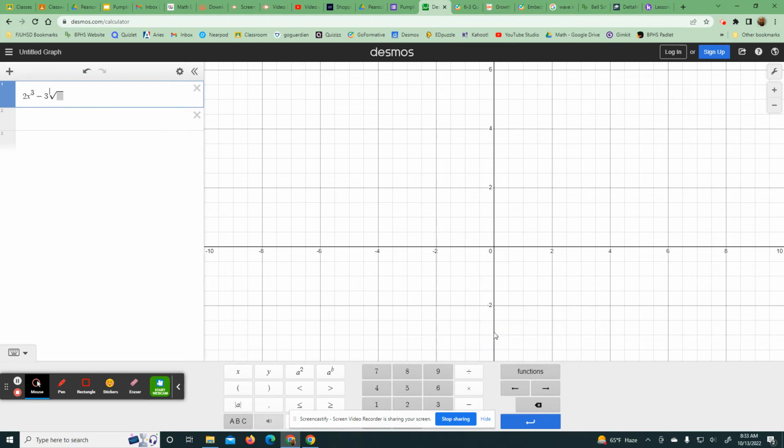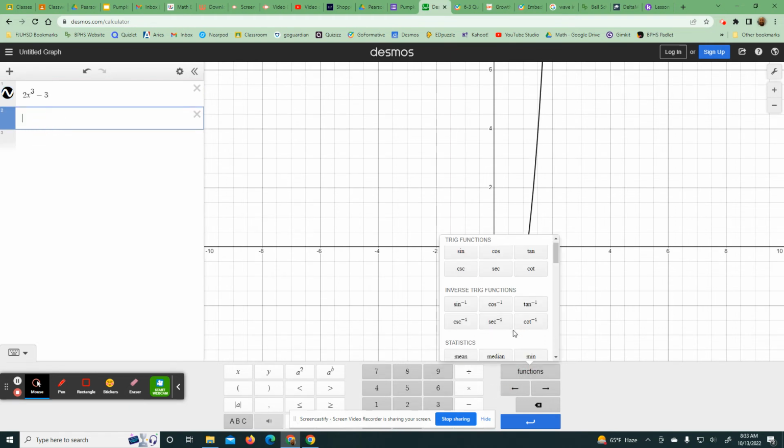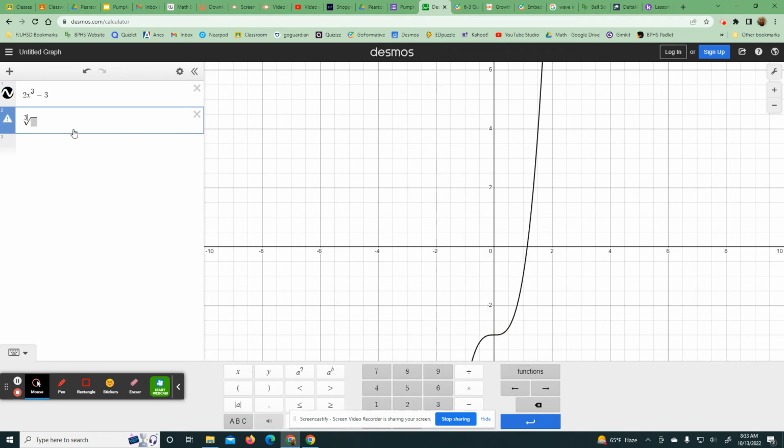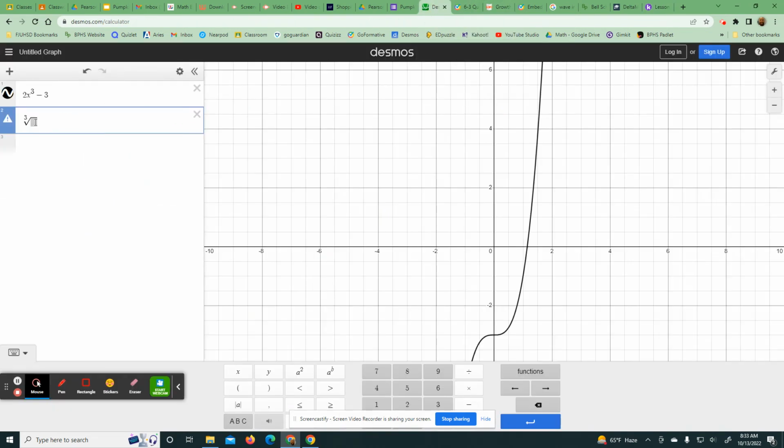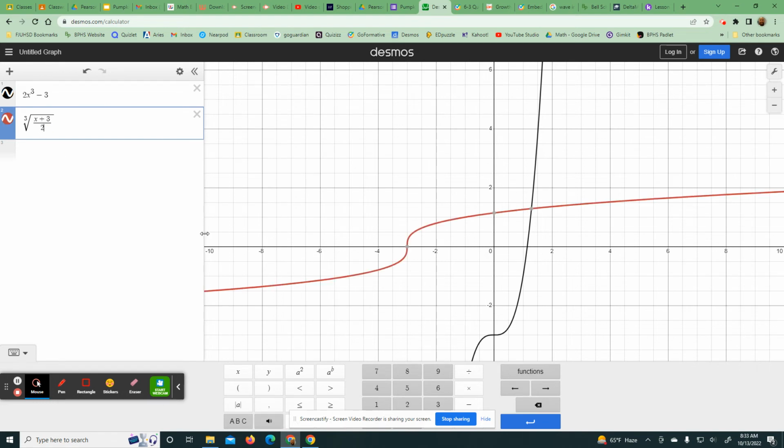Right here. Oh, I'm the wrong one. So I need a third root of x plus 3 over 2. So in here I'm going to do division. I'm going to hit my division sign and then do x plus 3 over 2.